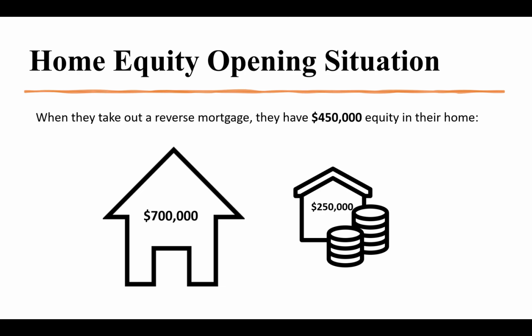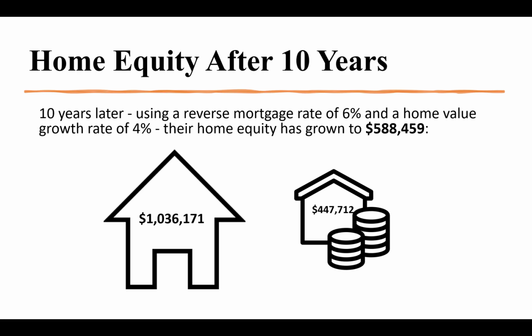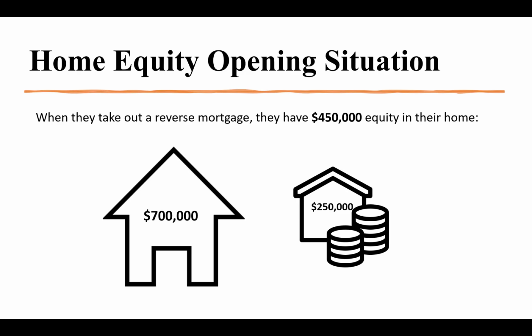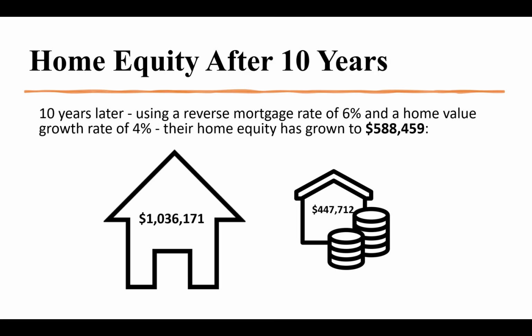The reverse mortgage, remember, was $250,000. It's grown to $447,000 at a rate of 6% over those 10 years. You net those two off, and their previous home equity of $450,000 has actually gone up to $588,459. Put another way, the growth in value of their home has outpaced the interest on the reverse mortgage.